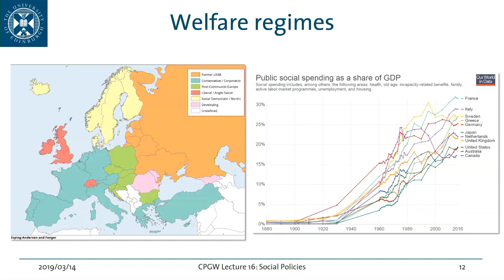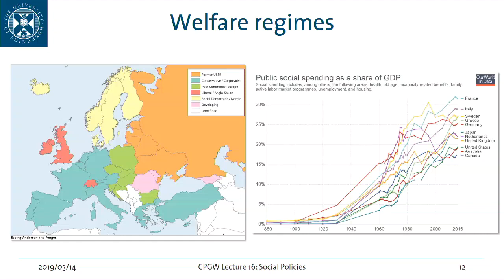We can also see that states spend very different amounts of money on their welfare state. So not just in terms of how it is organized, but also how elaborate it is. How much redistribution does it have? How much money does it play with? You see, for example, that France is the current world record holder in terms of what percentage of its GDP goes towards public social spending, at over 30%, at least in 2016 values.